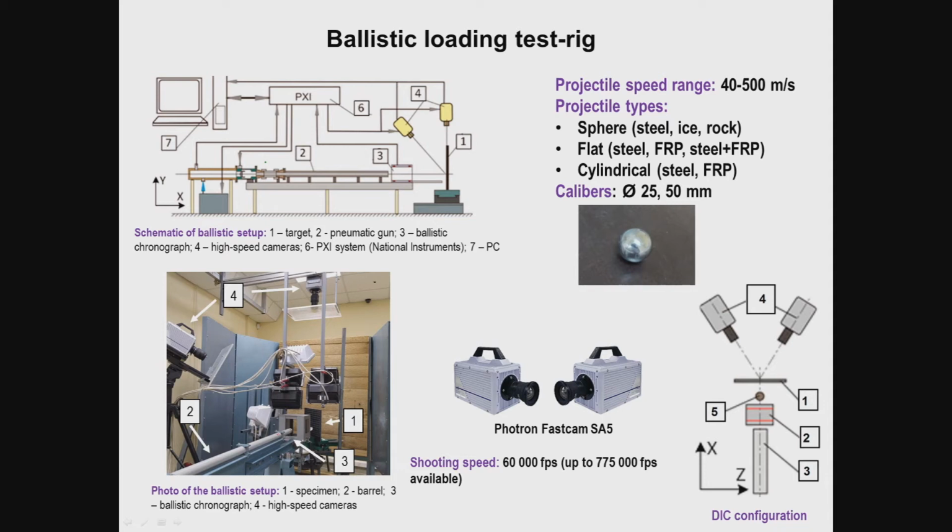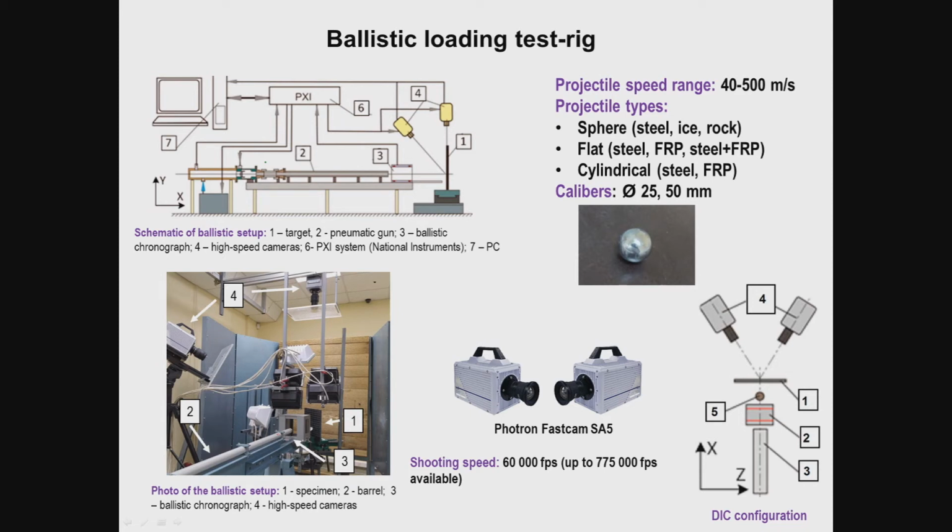The control of the experiment was performed via PC through the PXI module of the National Instruments system. The specimens were aligned with the barrel as shown in the picture and clamped from one end.